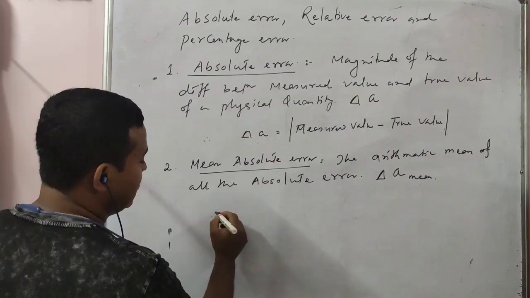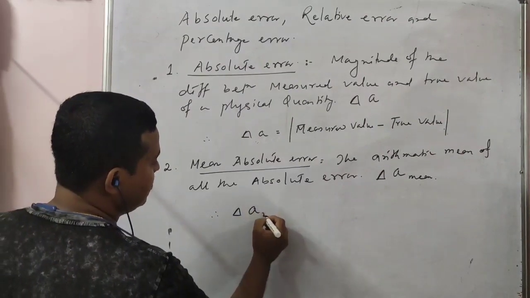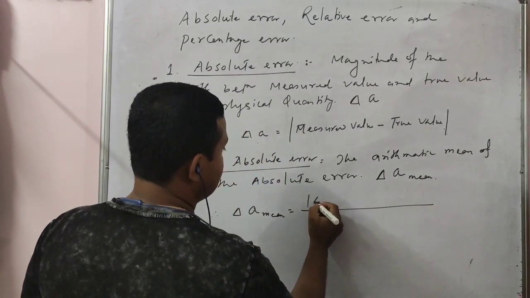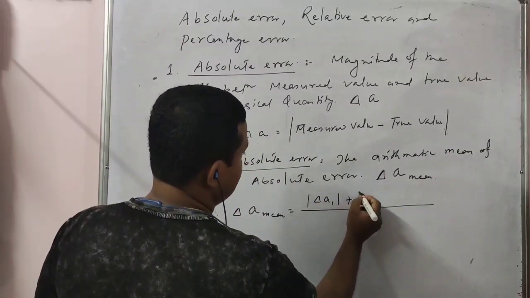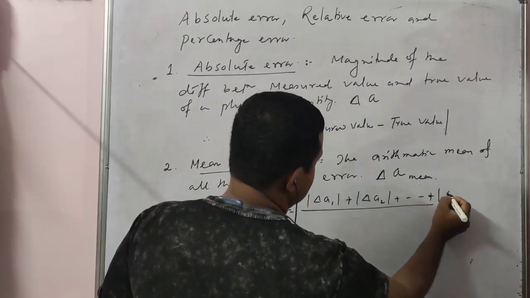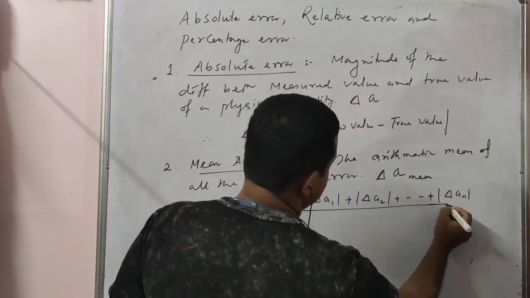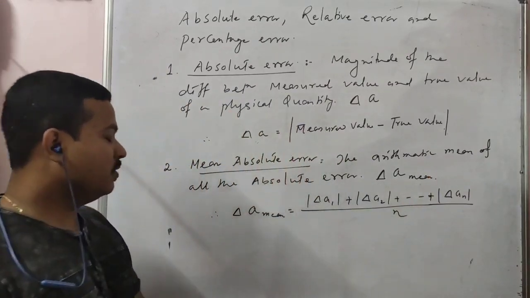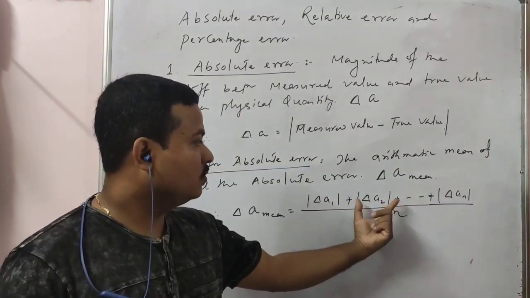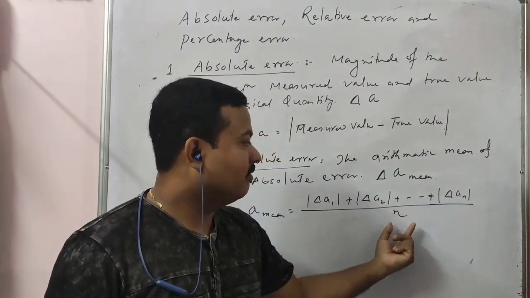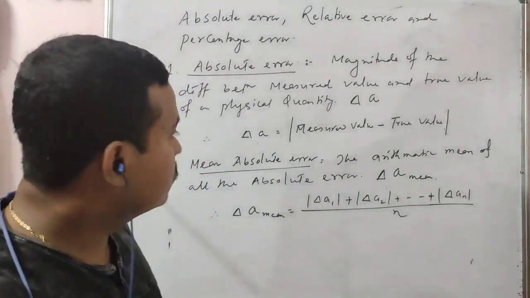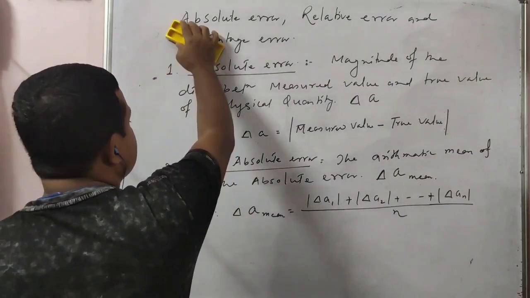So obviously, delta A mean you can write simply as delta A1 plus delta A2 up to delta An, divided by n. So this is the absolute error of A1, absolute error of A2, absolute error of An, divided by n. So this will give you the mean absolute error. Okay. So let me take one example, then it will be more clear.